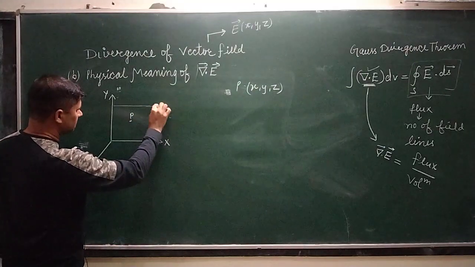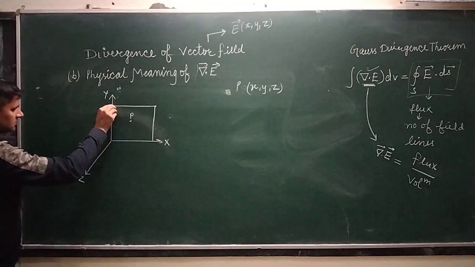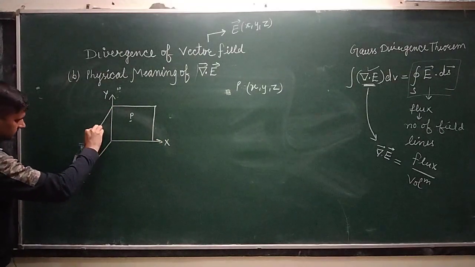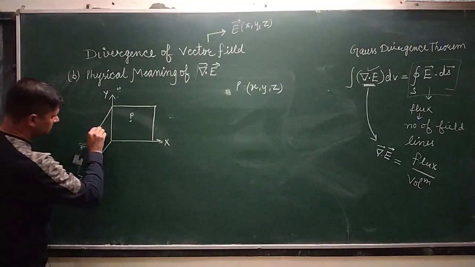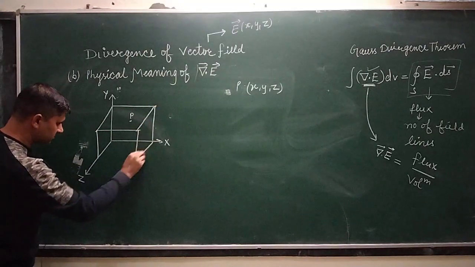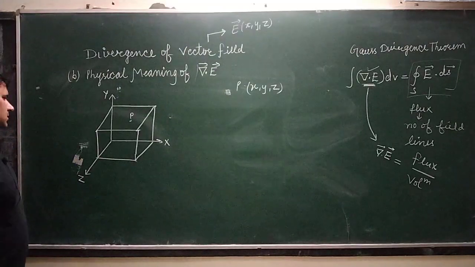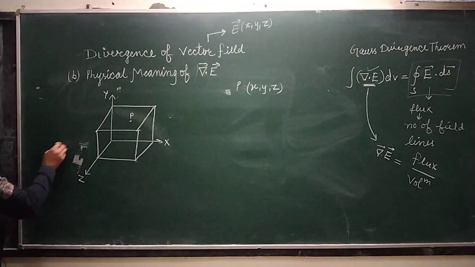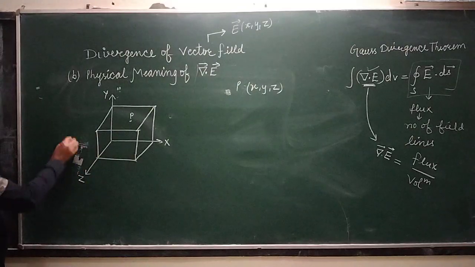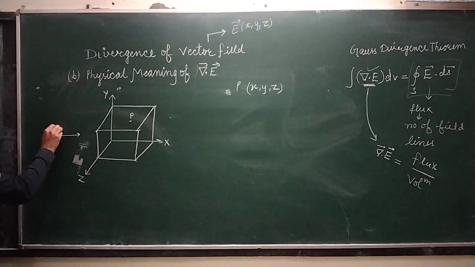So let me make a cuboid here, and this is how you can represent. Okay, now suppose the x component of electric field is along this direction.